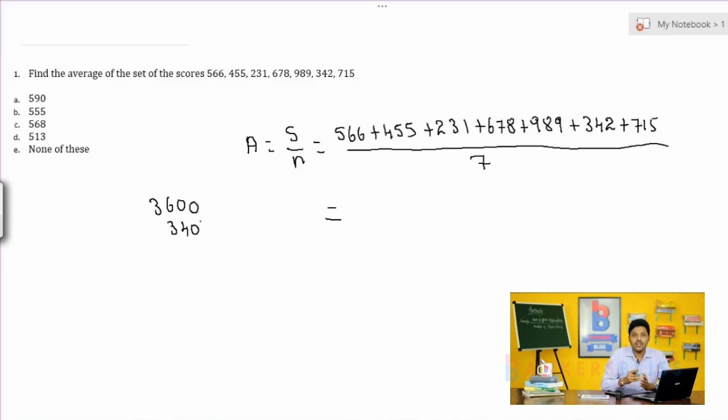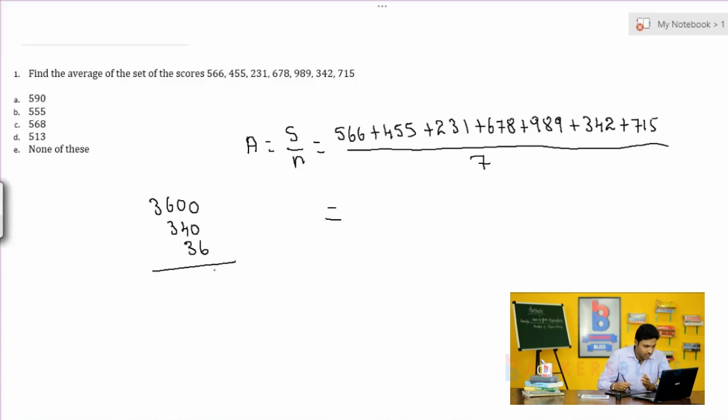340. Next, the remaining values: 6 plus 5, 11, 11 plus 1, 12, 12 plus 8, 20, 20 plus 9, 29, 29 plus 2, 31, 31 plus 5, 36.